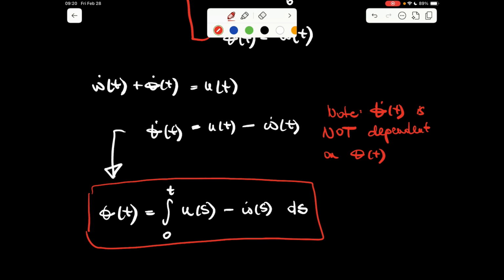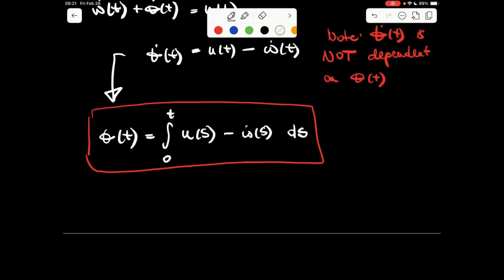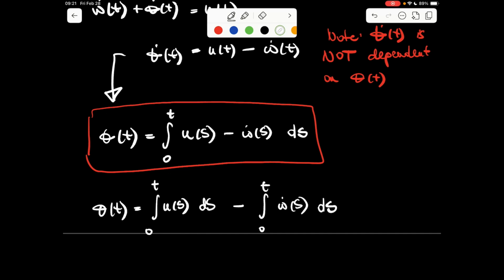So we use the same elementary result in calculus. This is the difference of two integrals. So we can integrate it by parts, by which I don't mean partial integration. So this is a sum. Okay, so from the linearity of the integral.